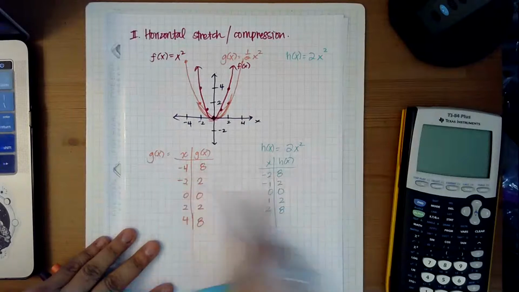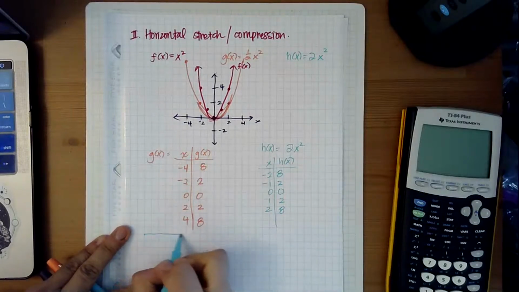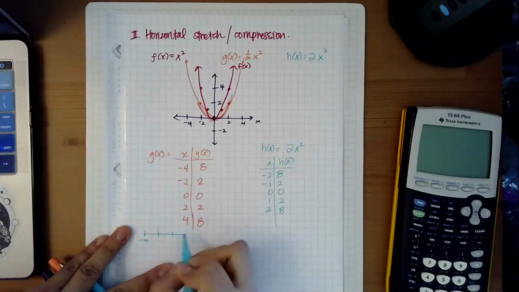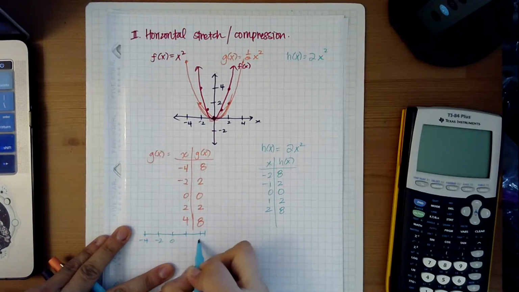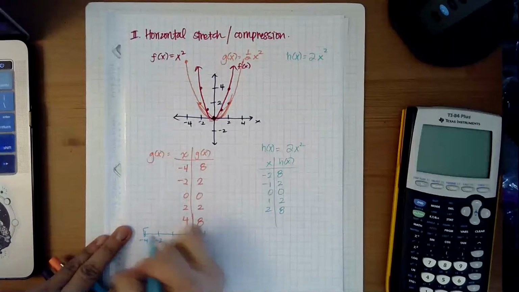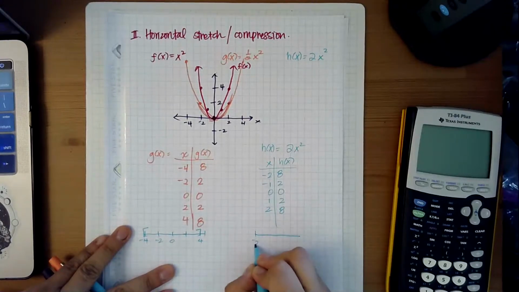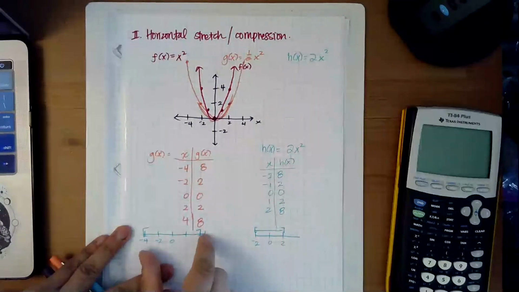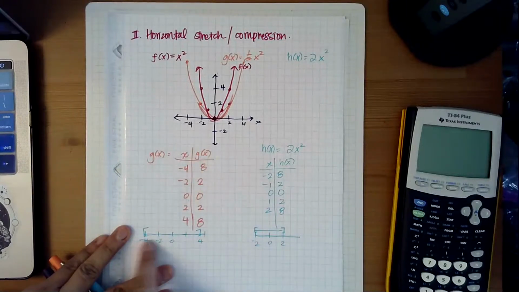So notice that these values, the outputs, are the same, but this happened from negative 4, negative 2, 0, 2, and 4. It happened in that span versus this happening only from this span. So notice, the span of these outputs went from negative 4 to 4.